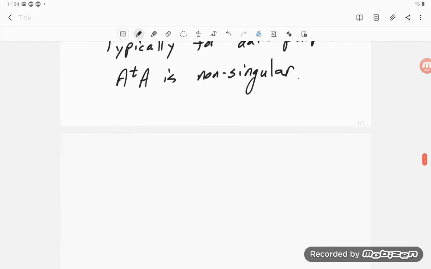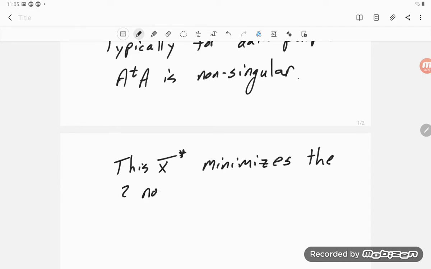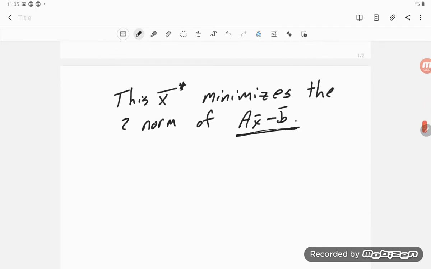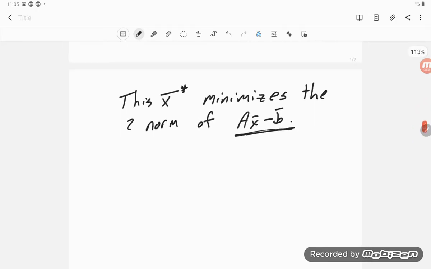And then this x that we find, call it maybe x star, this x star that we find minimizes the 2 norm of Ax minus b. Okay, so what we would like is we would like that to be 0. It's not going to be.